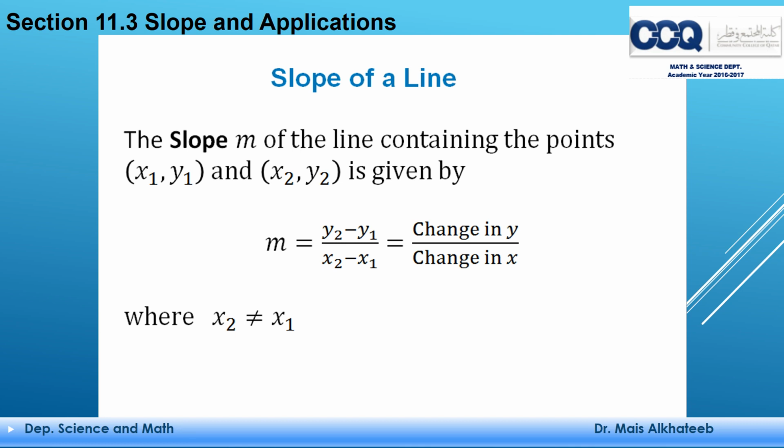We subtract the x values from each other. So it's the change in y over the change in x. Again, the slope, if you have two points, the first point x1 y1 and the second point x2 y2, is always the change in y over the change in x. So on top I put y2 minus y1, and in the denominator x2 minus x1.